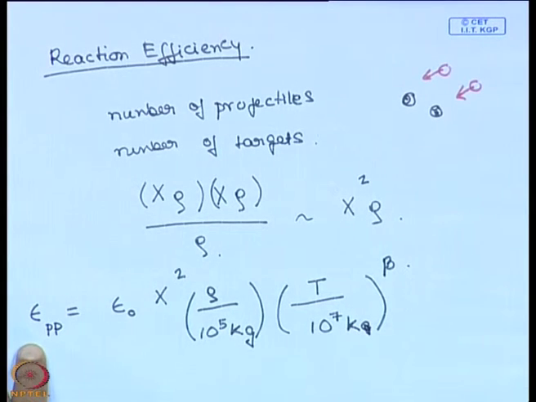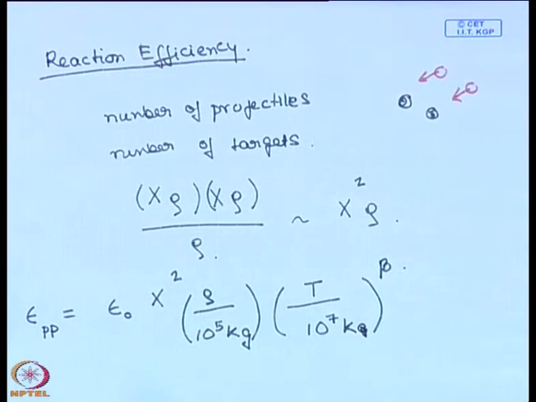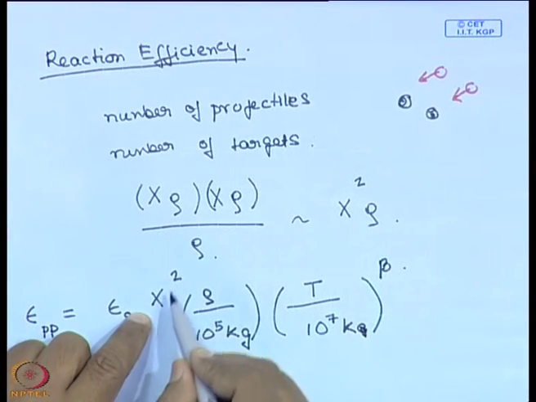Okay. So, this tells you the rate at which energy is released per kg of the material, and it depends on the hydrogen abundance squared.